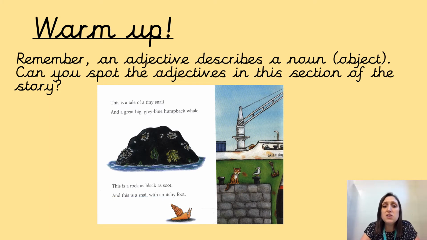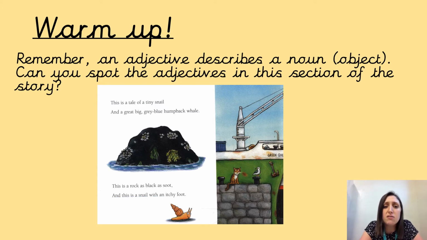What I'd like you to do is read through this small section of the story and try to spot the adjectives. It says, this is the tale of a tiny snail. There's a word there that's describing the snail. And a great big grey-blue humpback whale. Now, there's quite a few words describing the whale there.